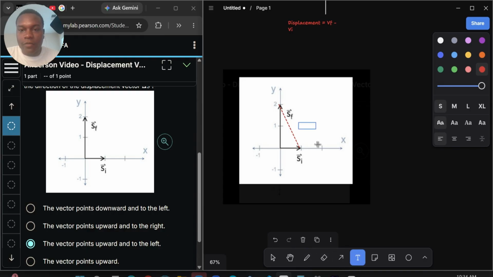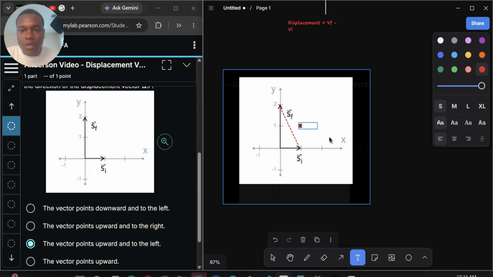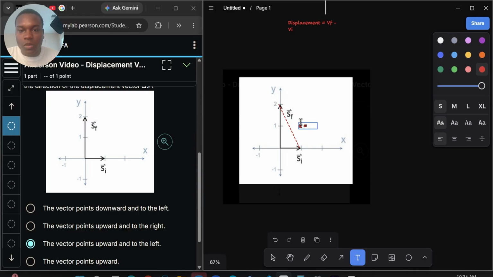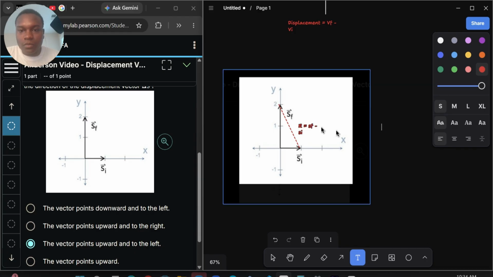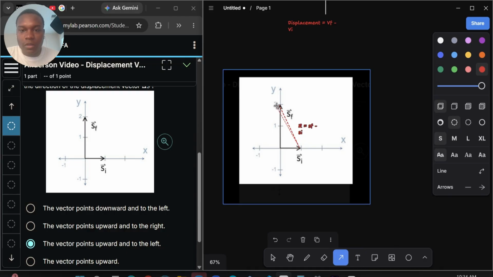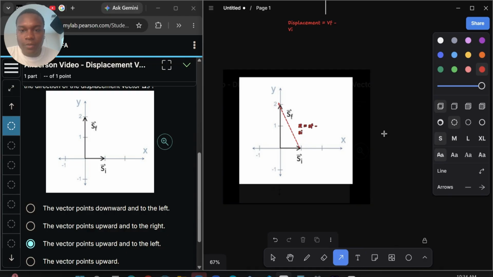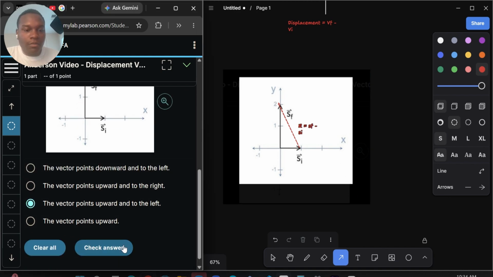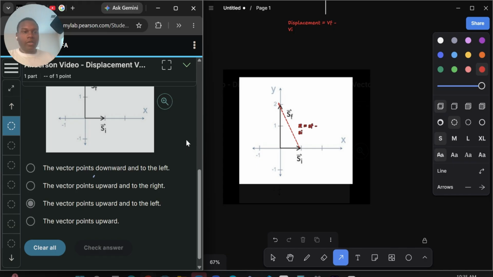So you just have the R, which equals SF minus SI. And this goes upwards and to the left. So do it like this. Add a little arrow there. And that's what we have. Let's see if that works.